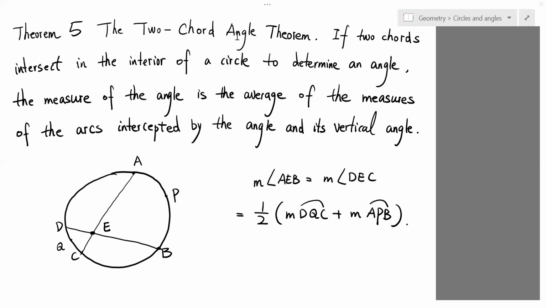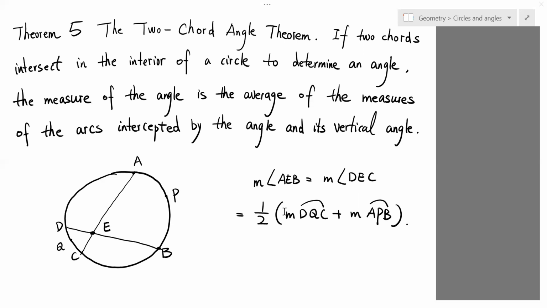The two chords angle theorem says that the measure of the angle AEB, which is the same as the measure of the angle DEC because they are a pair of vertical angles, is equal to 1/2 of the sum of those two arcs on the circle, the arc DQC and the arc APB.